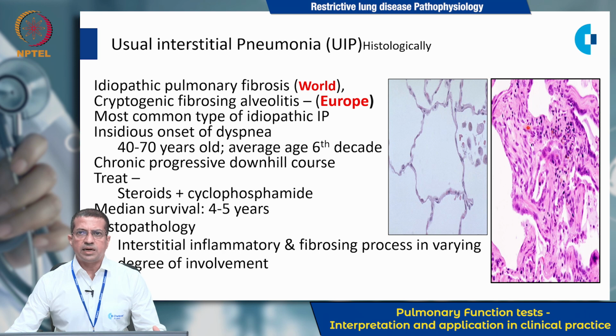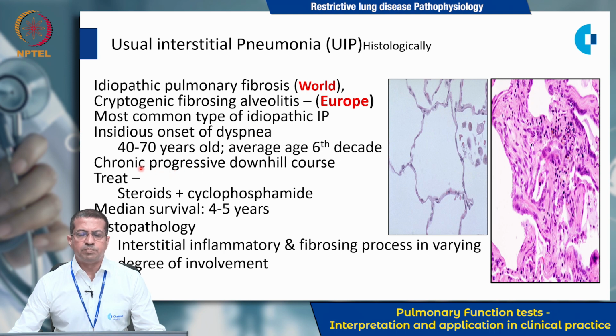But in fibrosing lung disease, you could see the septae are so thickened with fibrous cells and inflammatory cells, which keeps the lung thickened and reduces the vital capacity. So, this kind of condition is called idiopathic pulmonary fibrosis, or also called cryptogenic fibrosing alveolitis.